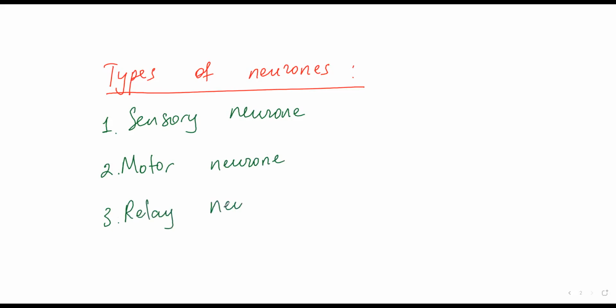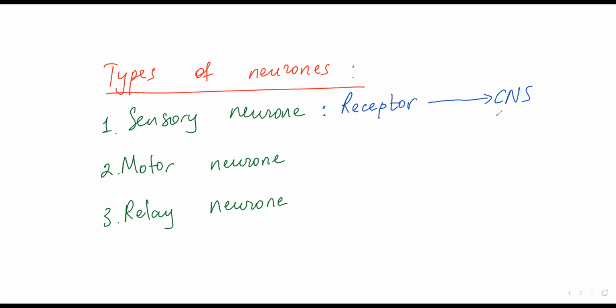Generally, in the United States, we call it an interneuron. Let's begin with the sensory neuron. Guys, the sensory neuron's function is to receive impulses from the receptor and send them to the CNS, brain or spinal cord.